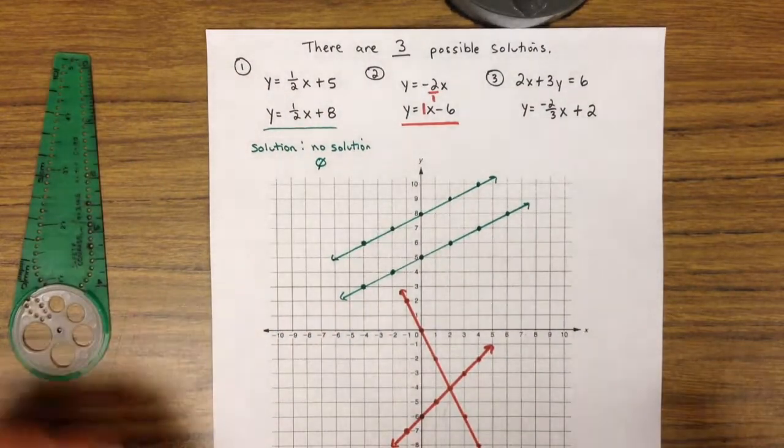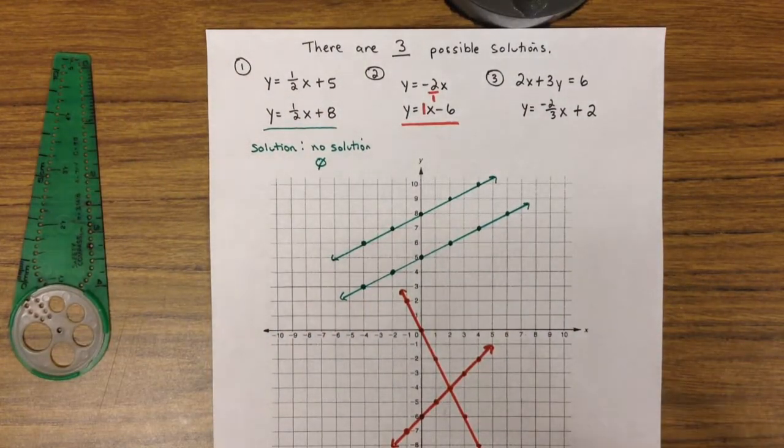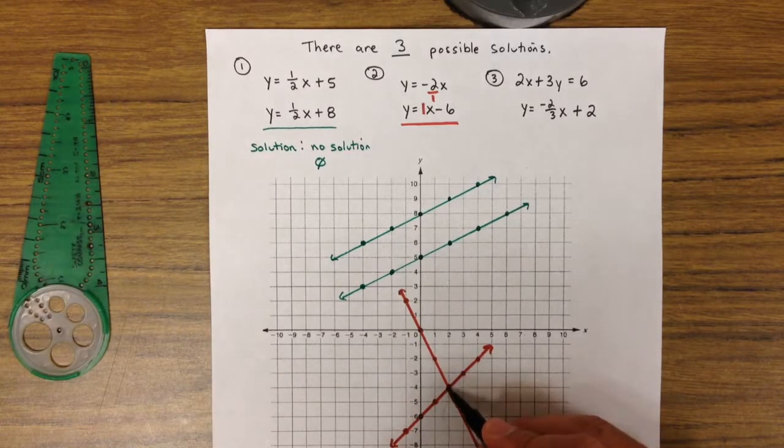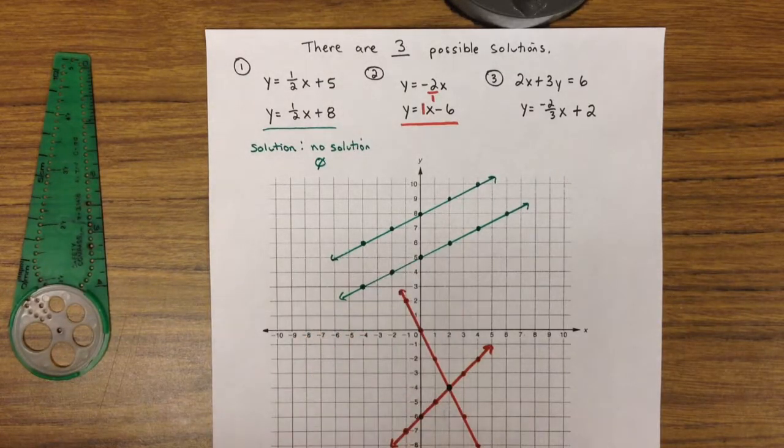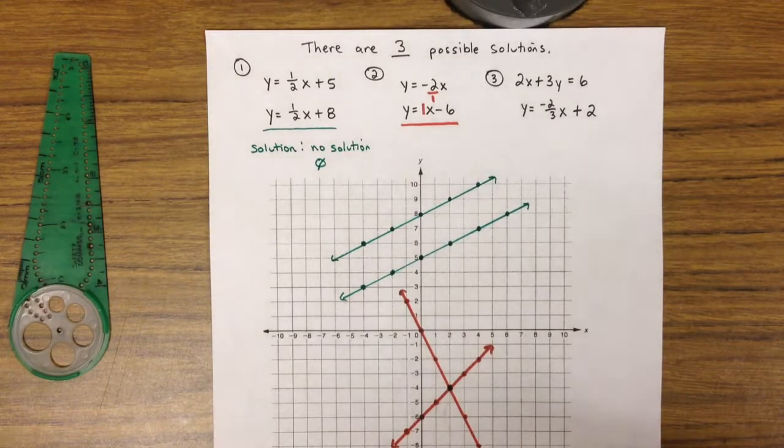Okay, this system looks like it has 1 point in common. It happens to be right there. So individually each line has an infinite number of solutions. This line going down has as many dots as you want to put there. Same thing with this one. This has infinitely many solutions.